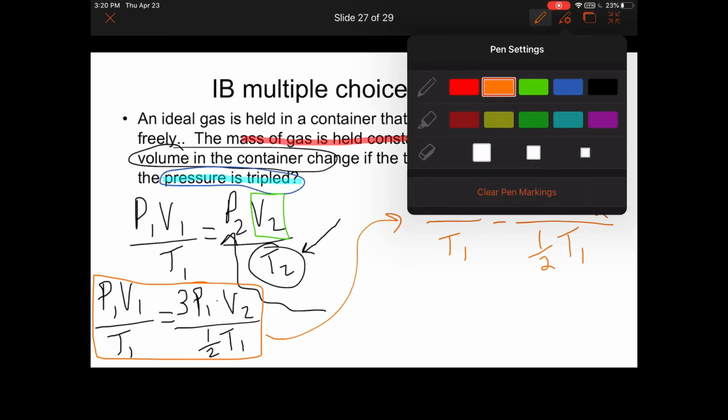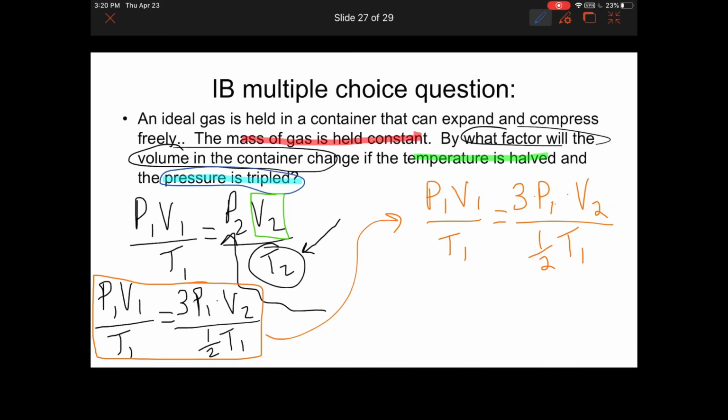Just like we crossed out moles earlier, I can cross out anything that is matching on each side of the equation, if they are on the same side of the fraction as well. So be careful on that. This is a numerator and this is a numerator. Same thing with temperature. If I see that they're both in the denominator, I can eliminate that.